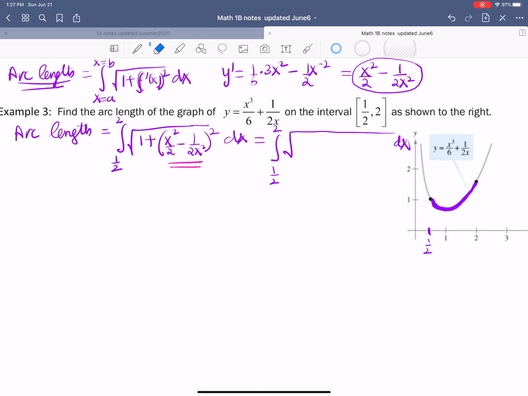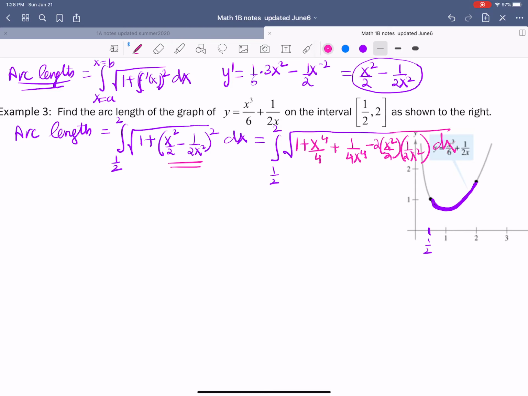So let's FOIL it one more time. So 1 plus x to the 4th over 4 plus 1 over 4x to the 4th minus 2 times x squared over 2 times 1 over 2x squared, dx.